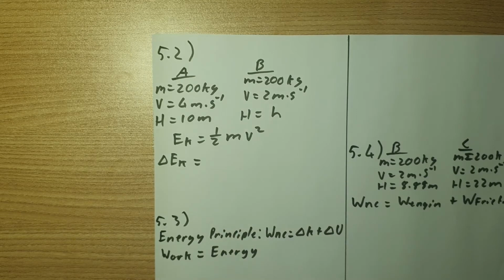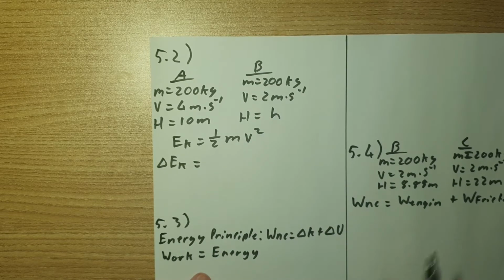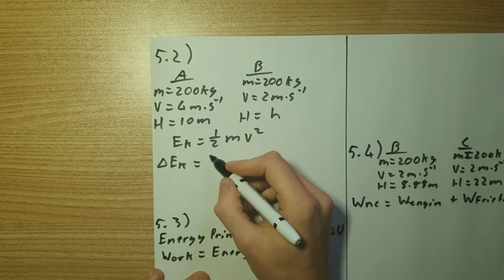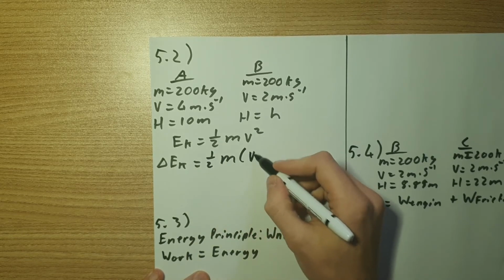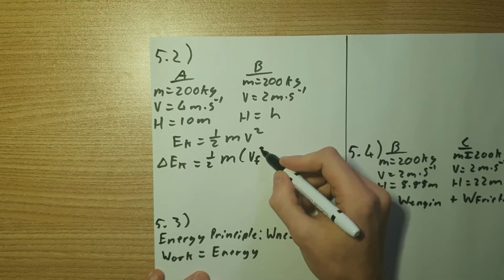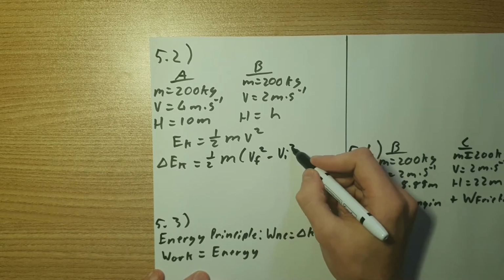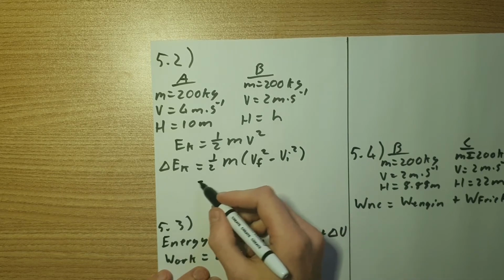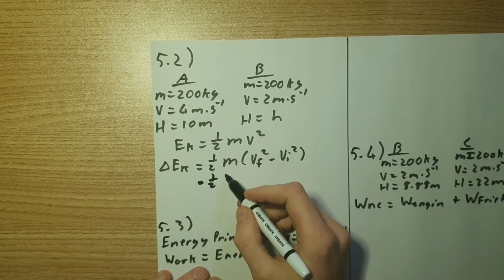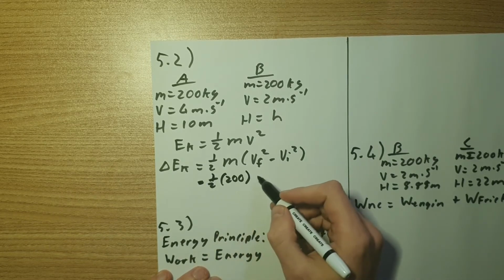So we're dealing with the change in kinetic energy, which is going to be a half times my mass times V final squared minus V initial squared. The mass stays constant, so we have a half of 200.